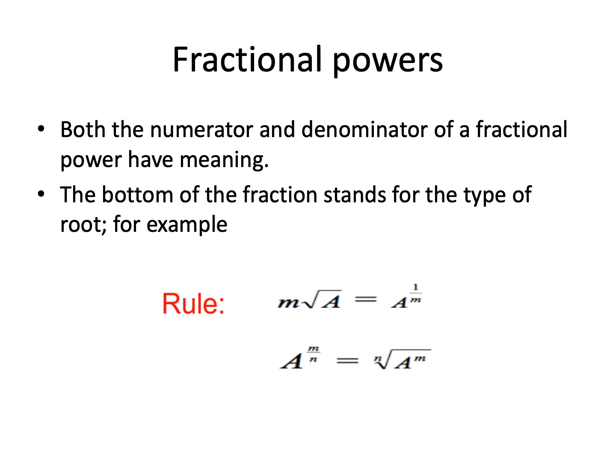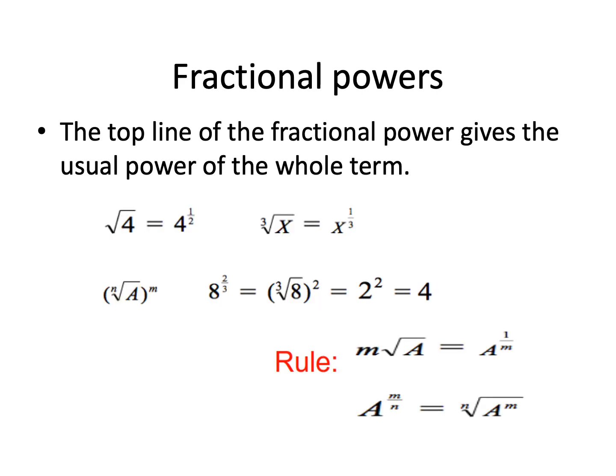Now for the second one, that is a to the power of m over n means the nth root of a raised to the power of m. So these are the two rules for the fractional powers. I will illustrate them with examples in my next slide.